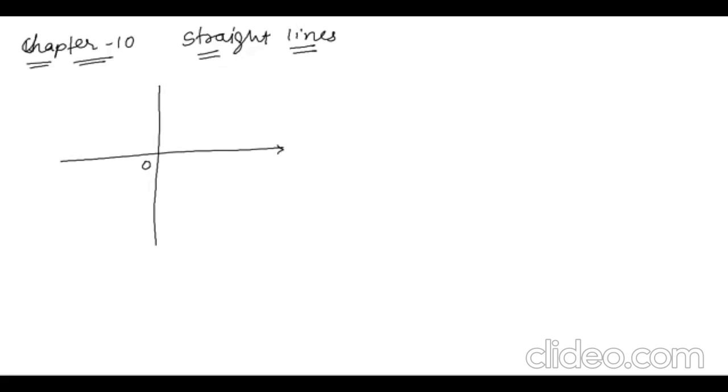The horizontal line is called the x-axis, whereas the vertical line is called the y-axis, and these two mutually perpendicular lines divide this whole plane into four quadrants, where this is the first quadrant, this is the second quadrant, this is the third quadrant, and this is the fourth quadrant, right?